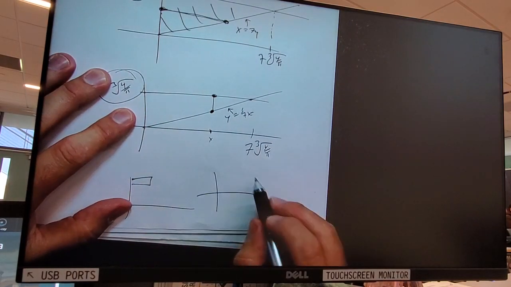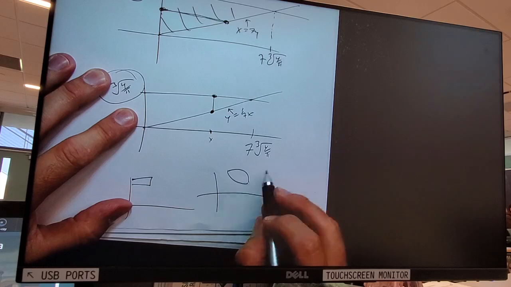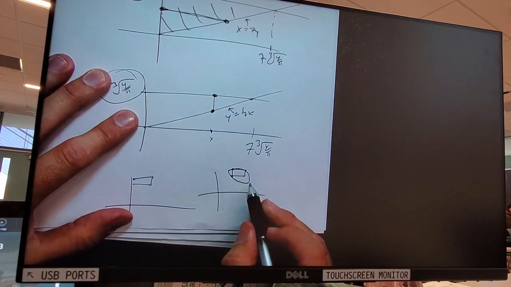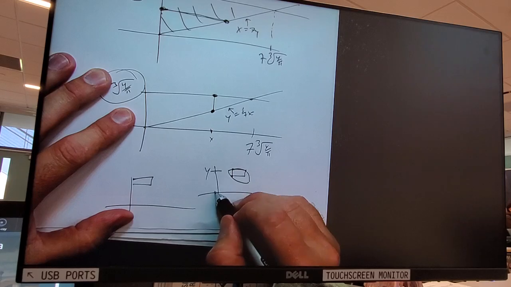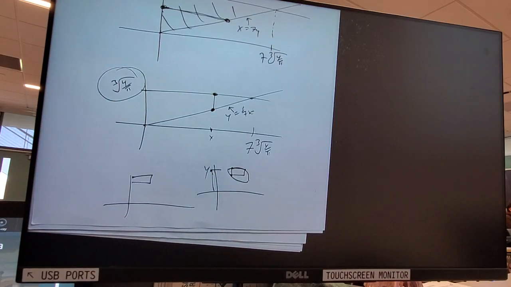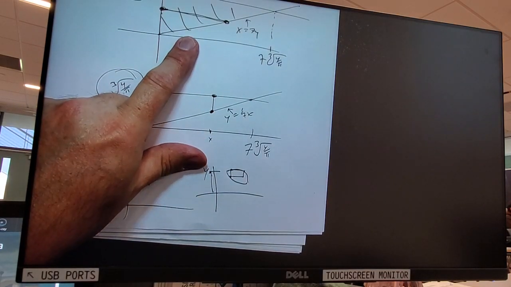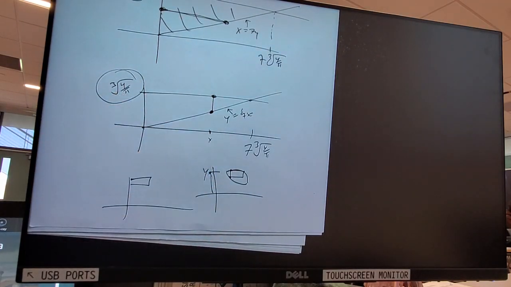So if I wanted to rotate this region around the x-axis, a representative rectangle would be like this. It would be at a y position, so my radius would be y. So that's why I was trying to say what you have to do is related to what you should have done then, because it's really hard to tell what goes where unless you are giving yourself a visual.